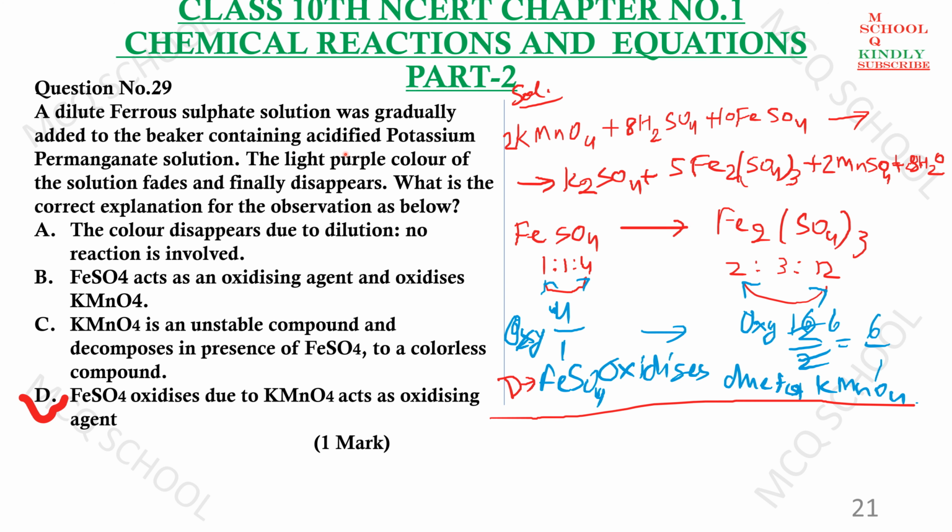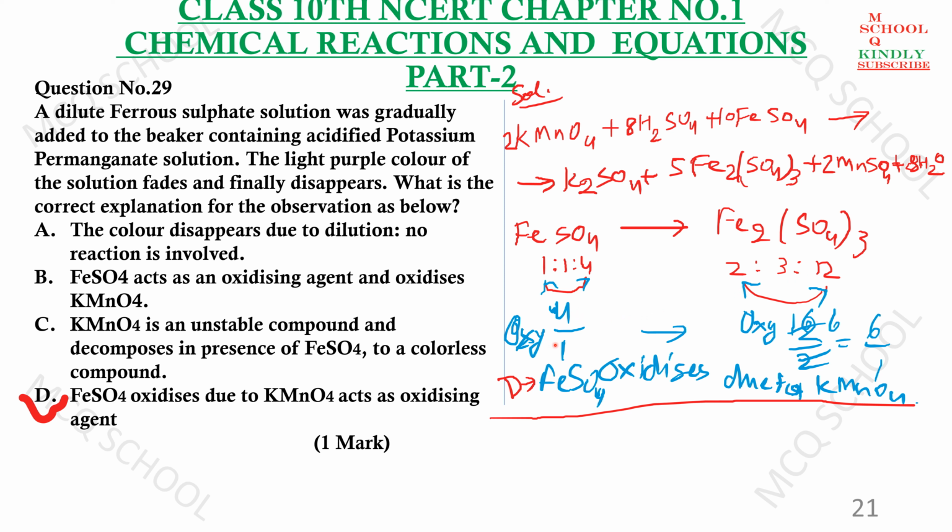Let us understand at first acidified potassium permanganate. That means potassium permanganate already has acid with it, that is sulfuric acid. Dilute ferrous sulfate was gradually added. That means it is added with ferrous sulfate. So it reacts and ferrous sulfate is converted into ferric sulfate.